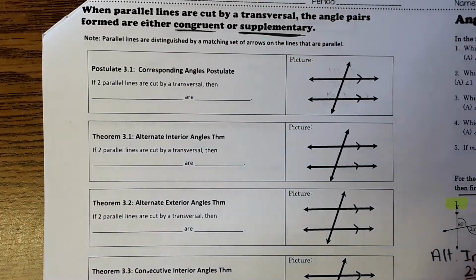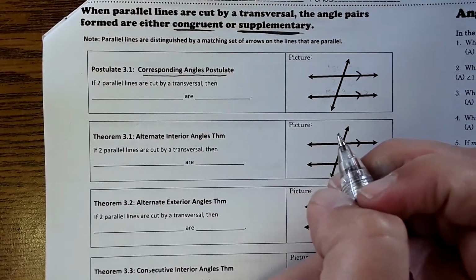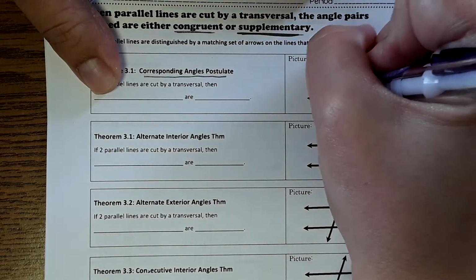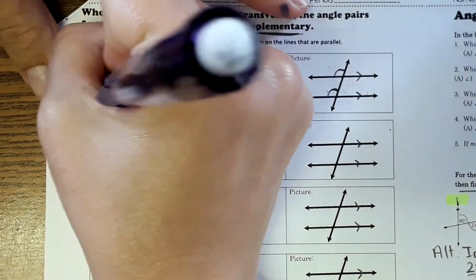Okay, so now we're going to go through the postulate of corresponding angles. Corresponding angles, as you know, are like this angle, and there's more than just that pair, but those are corresponding. Corresponding angles are congruent.